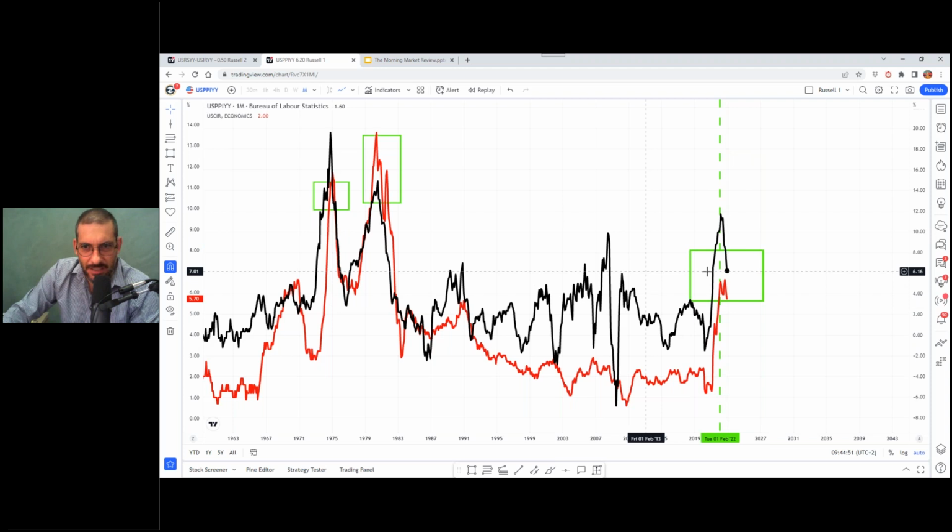I don't think that it is all that important. I think the fact that these now are heading down together in tandem, very similar to the previous two oil crises, it seems to me that inflation is done, okay, barring any sort of upside surprise.